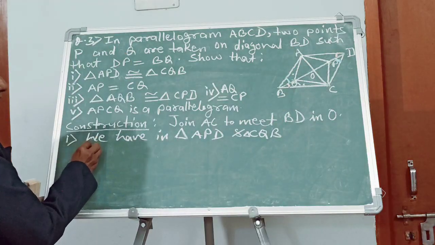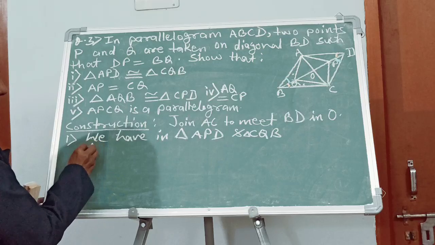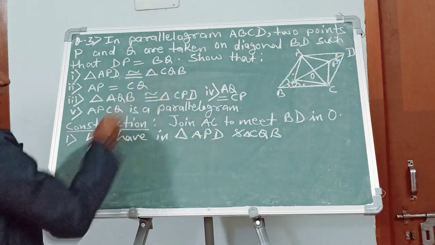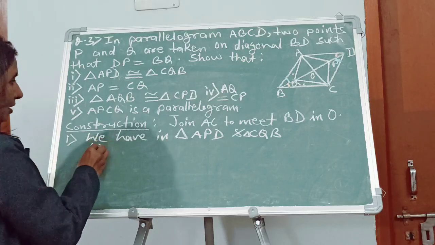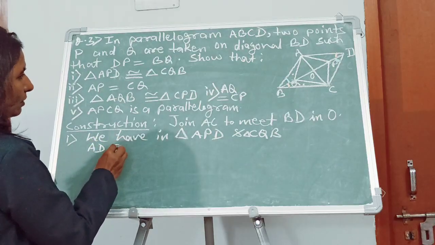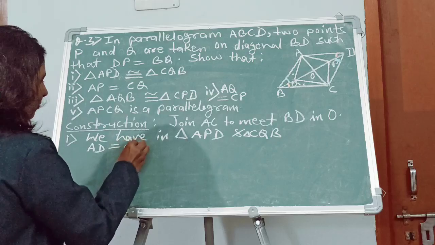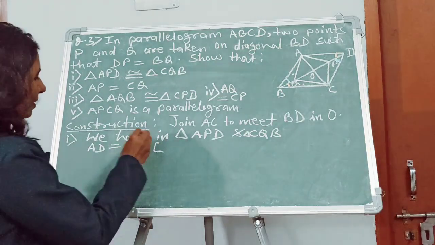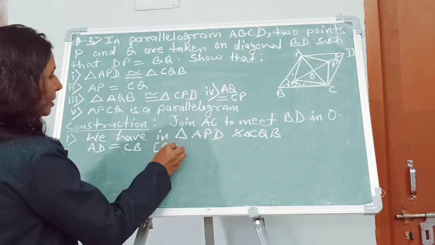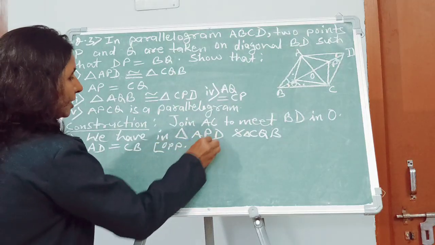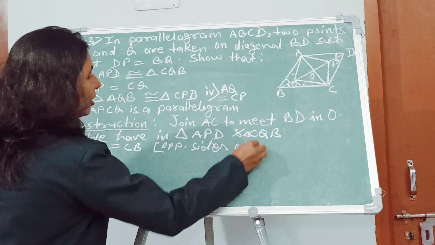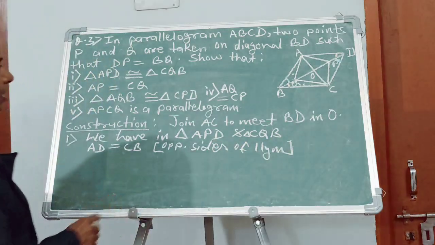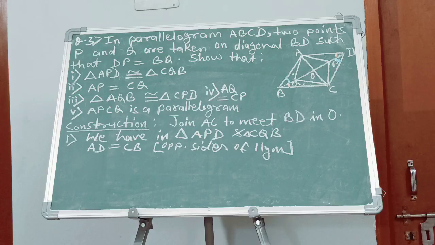So we can write AD is equal to BC or CB, whatever. You have to write the logic also. Always write the reason why: opposite sides of a parallelogram are equal.